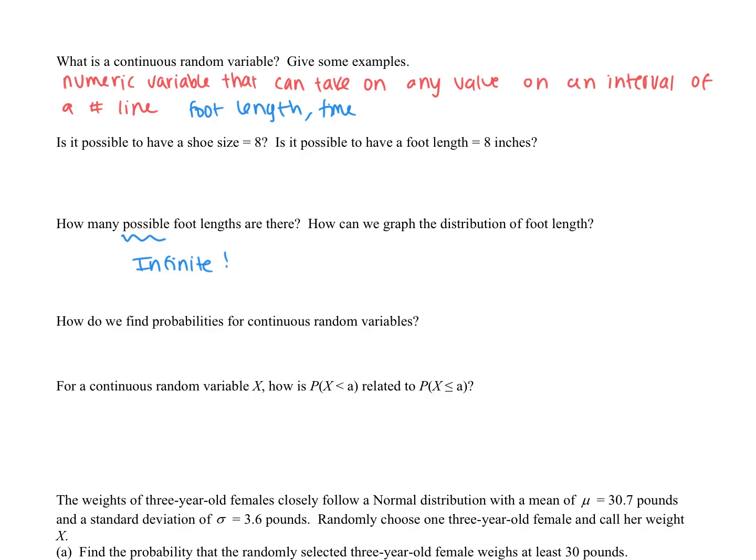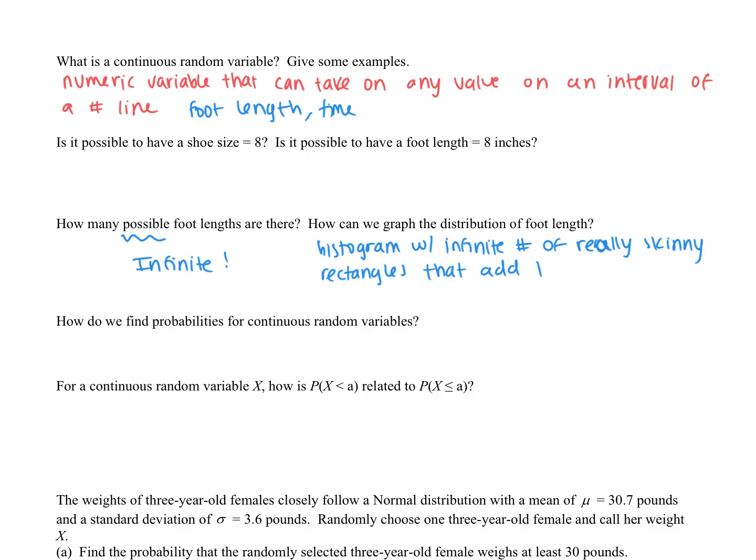If we picture graphing that, we talked about earlier, we didn't actually do it, we talked about making a histogram. So how do you make a histogram when you have an infinite number of possibilities? What you have to do is picture making a histogram with an infinite number of really skinny rectangles or intervals that add to 1, the area adds to 1.